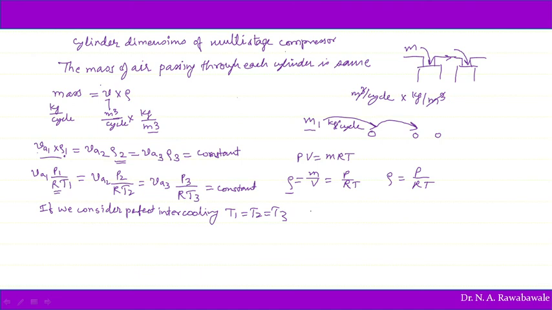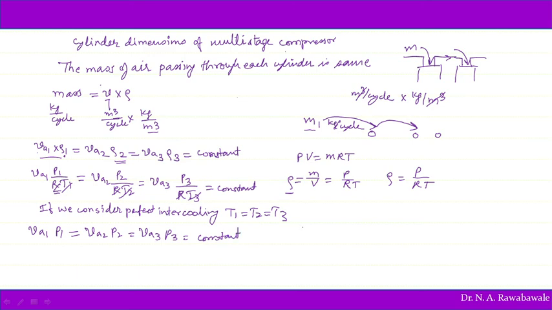And R, the gas constant, is going to be the same, so R gets cancelled. T1 is equal to T2 is equal to T3, therefore we cancel this. So what is going to remain is VA1 P1 is equal to VA2 P2 is equal to VA3 into P3 is equal to constant.